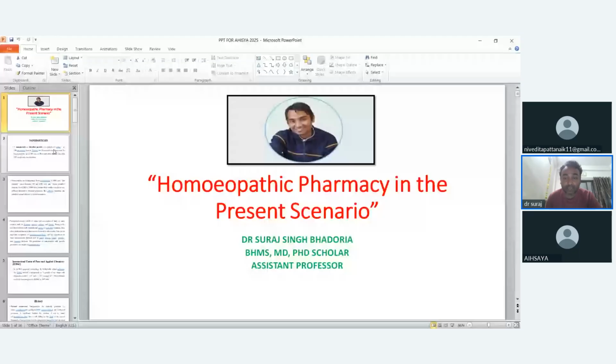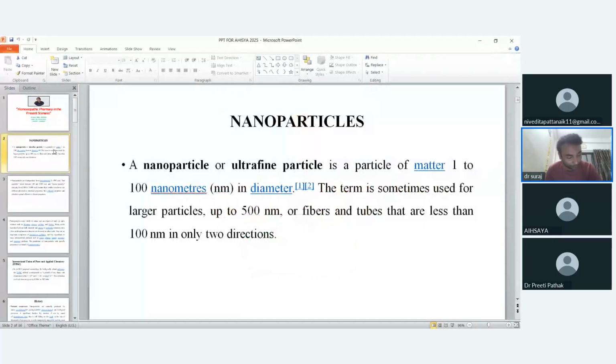What are the different features, characteristics and properties of nanoparticles? And how will we prepare nanoparticles in homeopathy, and what is the utilization of these minute and very small structures?